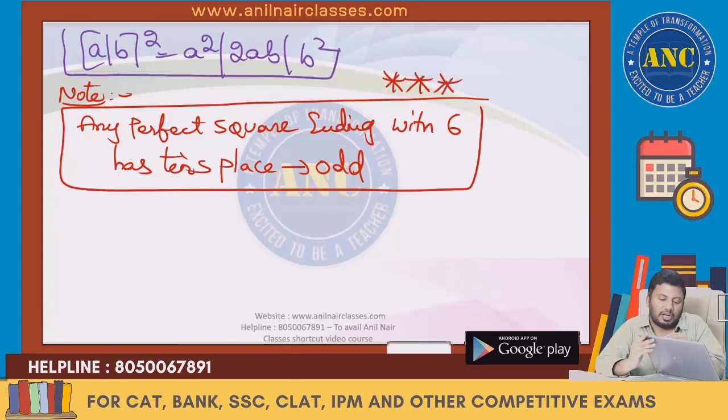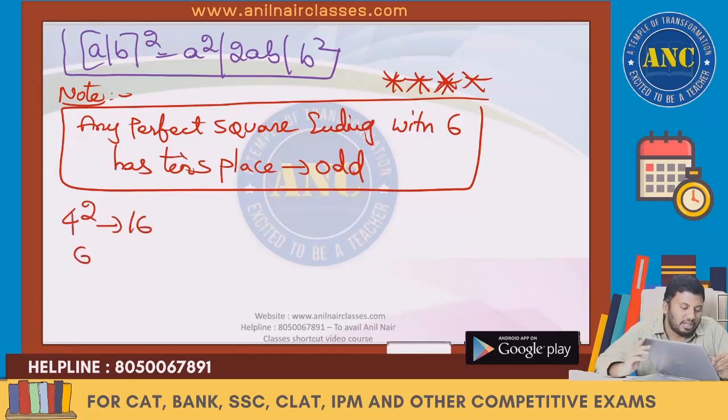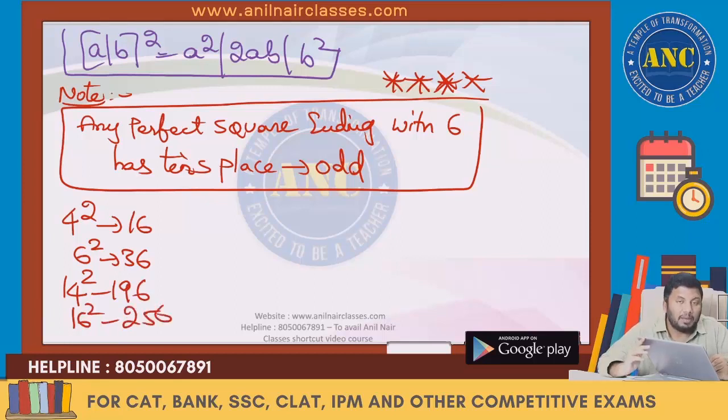Any perfect square ending with 6, tens place will be odd. Example, 4 square 16, 6 square 36, 14 square 196, 16 square 256. The only perfect square where the tens place will be an odd number is when the unit digit is 6.